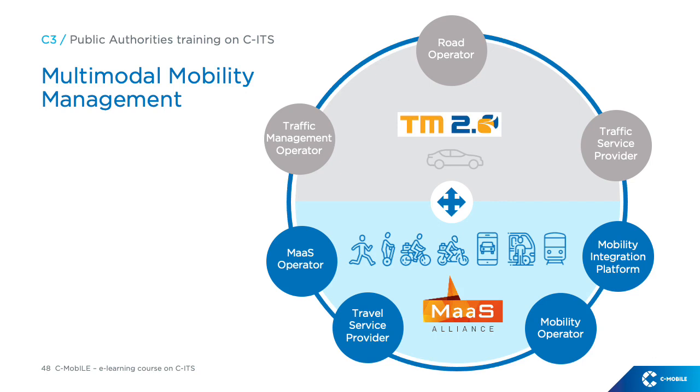The Ertico Innovation Platform TM 2.0 and the MaaS Alliance are gathering forces from both communities, such as traffic management stakeholders, such as traffic managers, road operators, traffic service providers, OEMs, infrastructure suppliers, and others, local and central governments, city transport network management operators, authorities and operators of public transport on the road, rail or ferry, private mobility service providers, taxi, ride-hailing, ride-sharing, etc., freight and logistics operators, parking operators, travel information and service providers, MaaS operators.